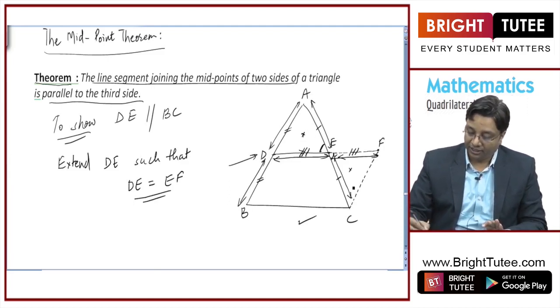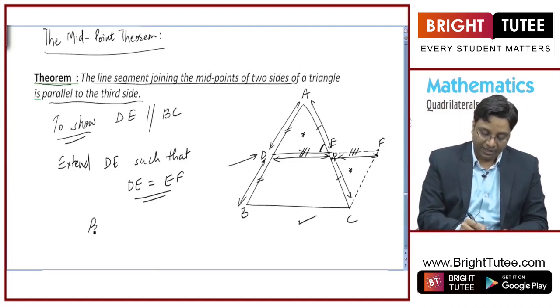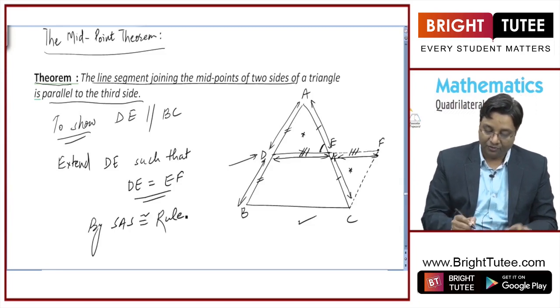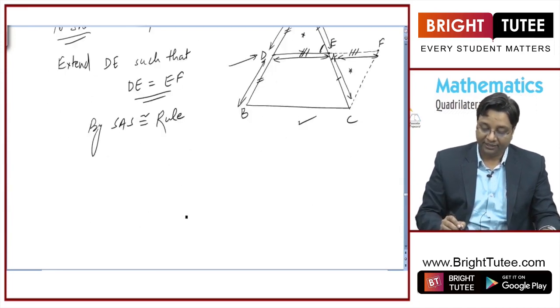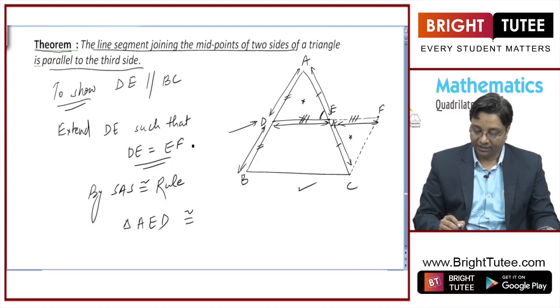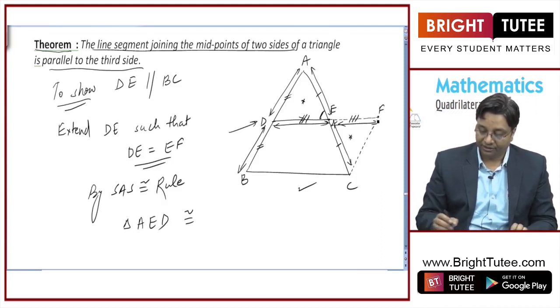Now look at these two triangles. By side angle side congruence rule, what can I say about these two triangles? That triangle AED is congruent to triangle CEF.